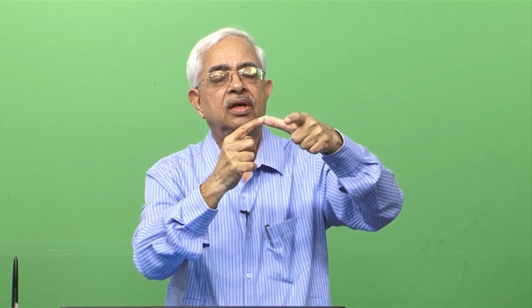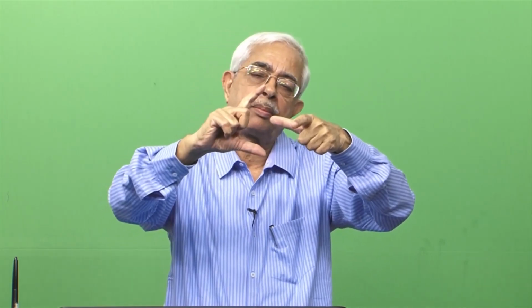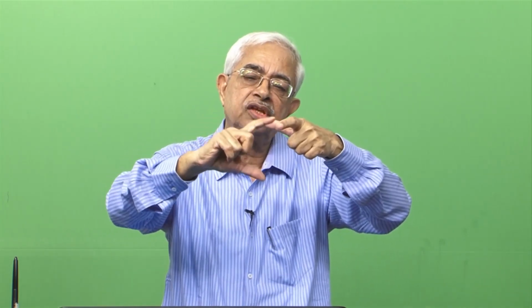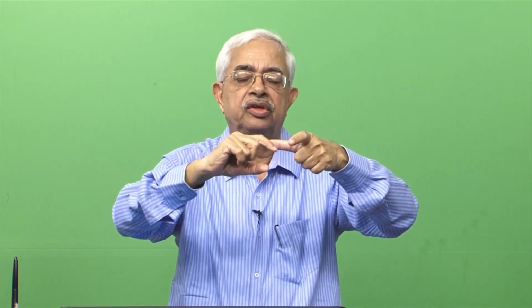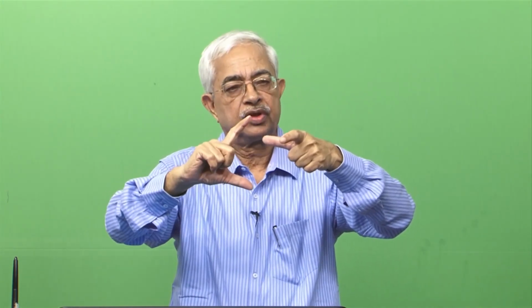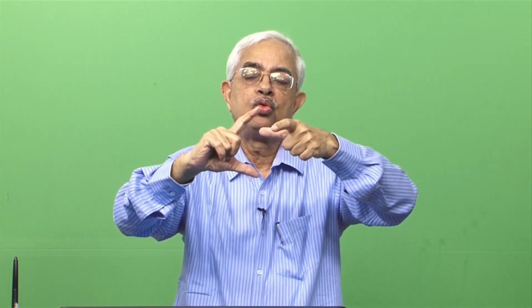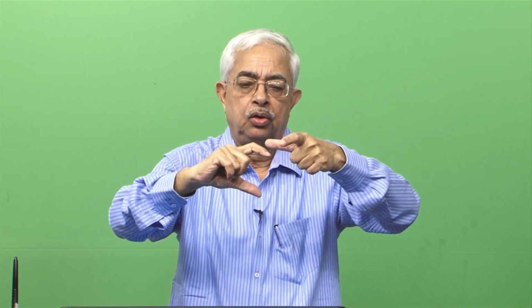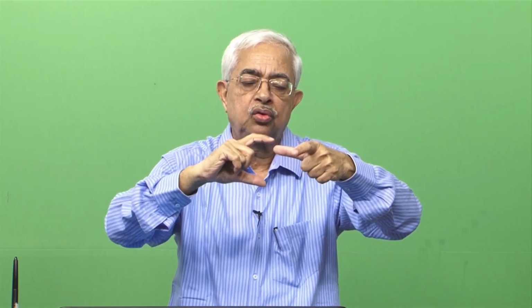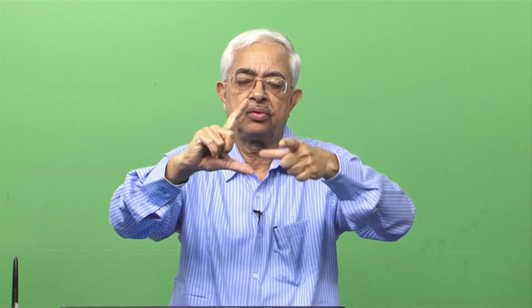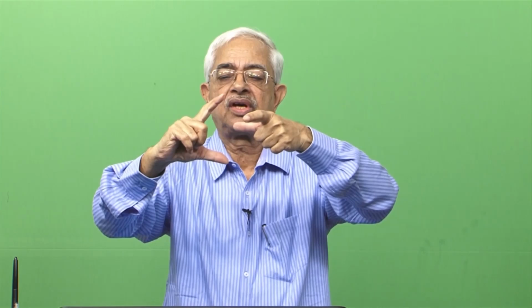Where? When 2 nitrogens are like this and the other 2 nitrogens are perpendicular like this, then these 4 atoms are tetrahedral with respect to the center. Okay. So, we want a metal ion to bind to 1 nitrogen, 2 nitrogen, 3 nitrogen, 4 nitrogen like this inside.